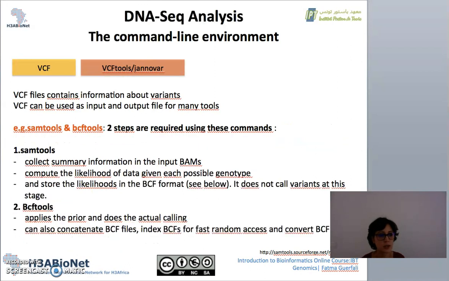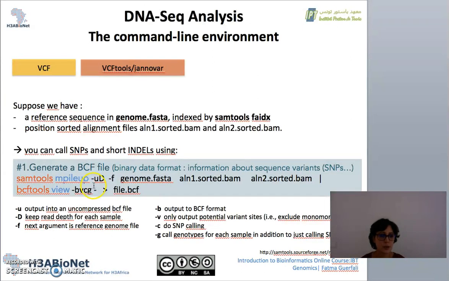So a way to do that, I'm just showing an example, there are many others, is done in two steps using SAMtools and BCFtools. You have the explanation of it. The idea is just that a first step would allow you to use samtools mpileup, with many different options, in order to generate first a BCF file. You have the explanations of these options.